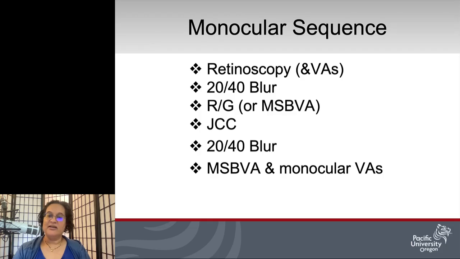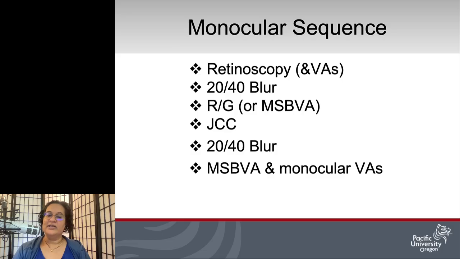You'll start with retinoscopy, check the patient's VAs monocularly, do a 20/40 blur as a setup for your first spherical refinement, which you'll do a red-green. Once you have the red-green in place and you've left the patient at that first green option that they chose, you're going to do your JCC just as you've been doing it.